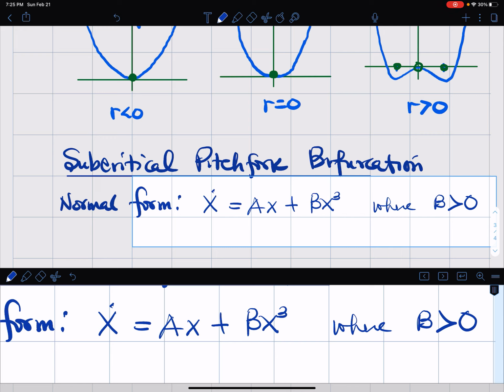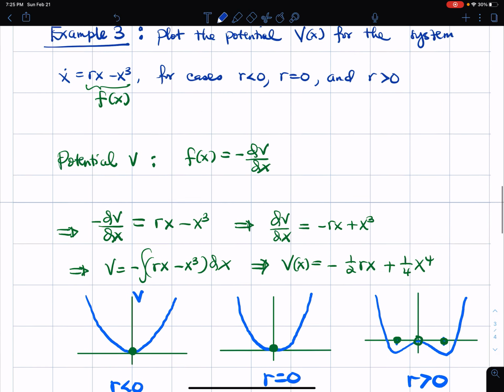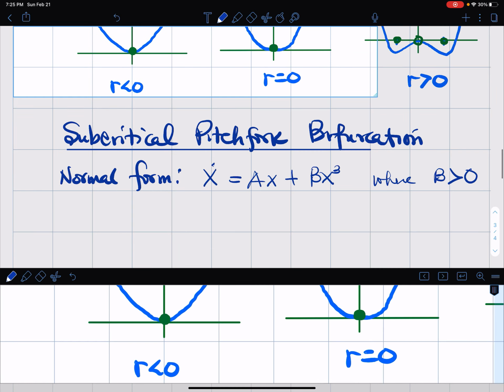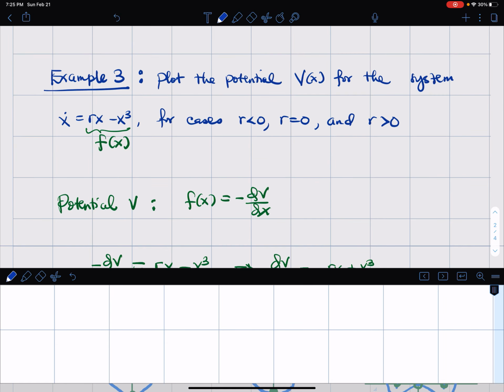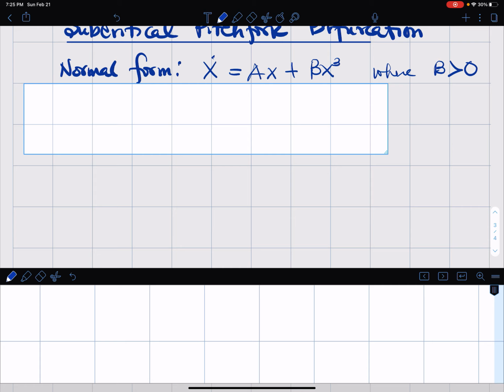If you do the same thing that we did for the first example, so I'm going to call it example 4 now.